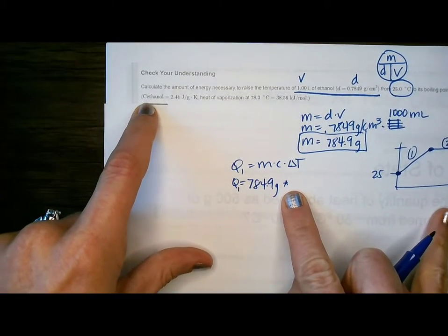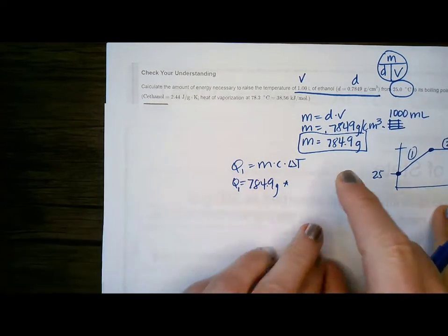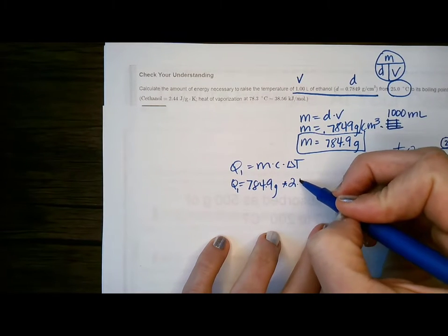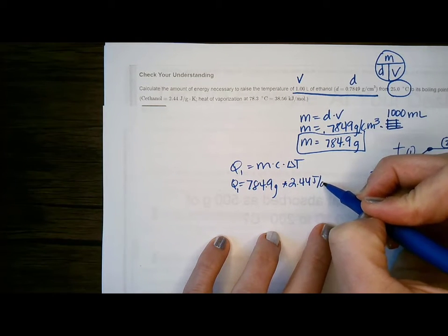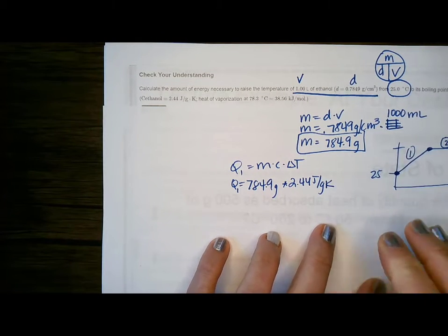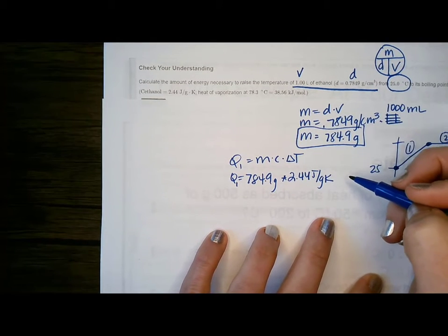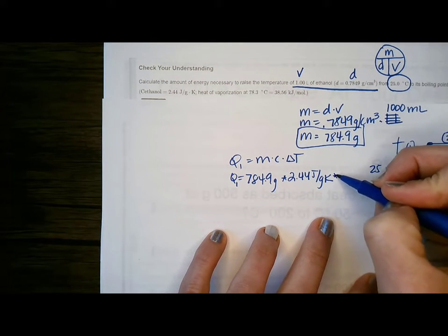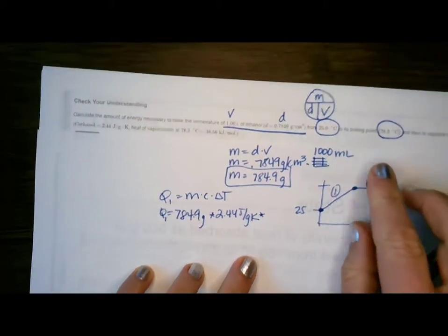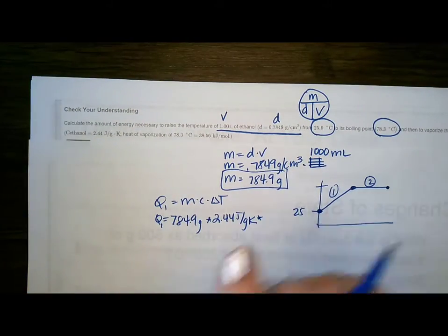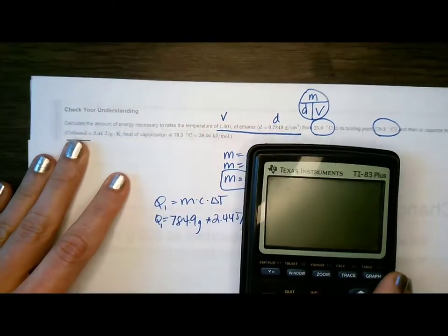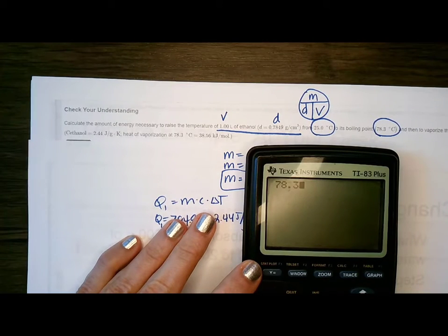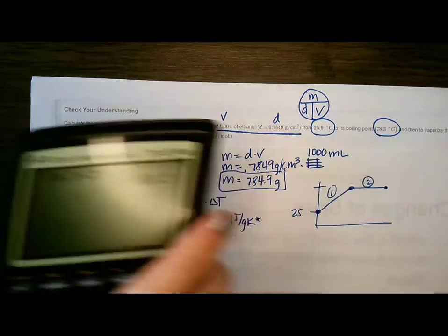And it gives it to us right here. Specific heat is 2.44 joules per gram Kelvin, which we also know as joules per gram degrees Celsius. And we need our change in temperature. So let's find out what TF minus TI is. So 78.3 minus 25, 53.3.